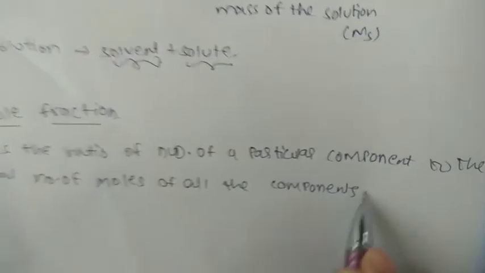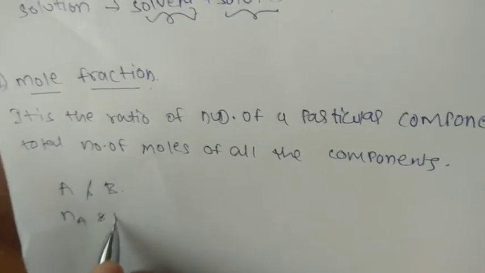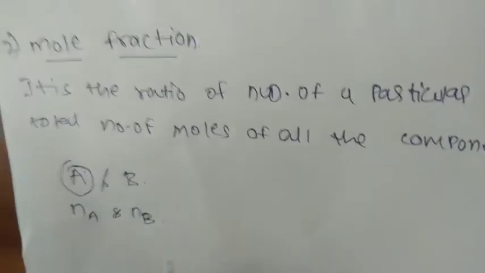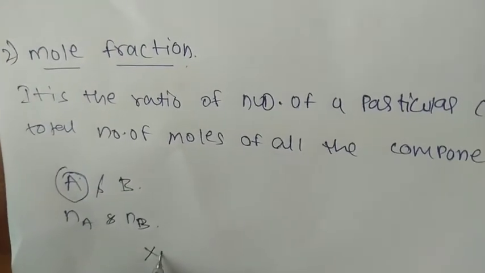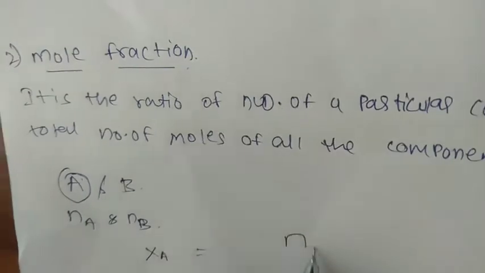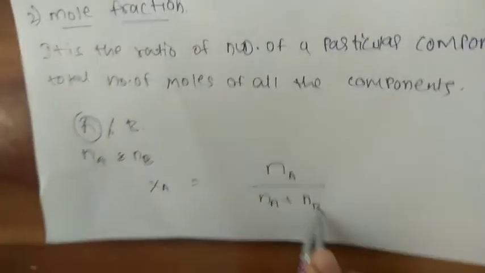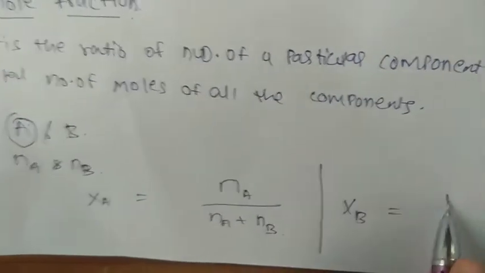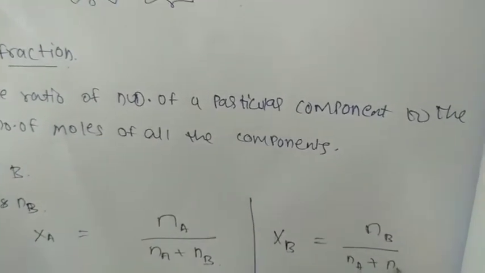Let us take two components A and B, having moles Na and Nb. Mole fraction is denoted by X. Mole fraction of A equals number of moles of A to the number of moles of A plus number of moles of B. For mole fraction of B, it is number of moles of B to the number of moles of A plus number of moles of B.